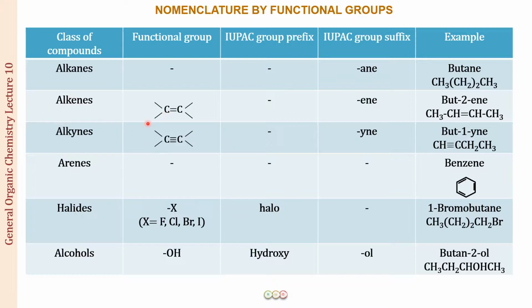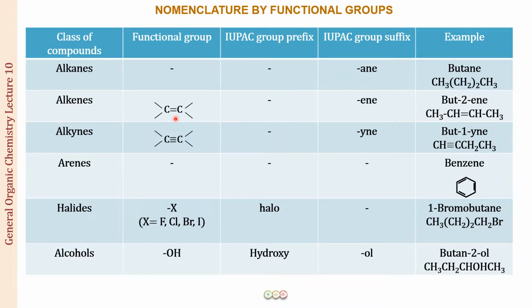They do impart characteristic properties to the organic compounds in which they are present, but they are not considered functional groups according to the IUPAC nomenclature, although I have put them into this category. It is just a class of compounds. Just remember, we will not be considering them as functional groups, and we will not denote them in the nomenclature as functional groups. We use a primary suffix for them.